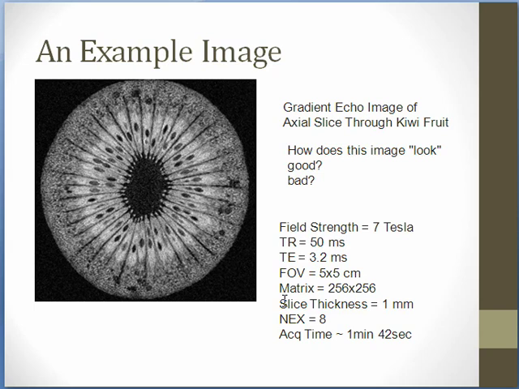The Z direction, although you can't see it because it's volume averaged into each pixel, is 1 millimeter thick. I guess you could say the matrix is 256 by 256 by 1. The other parameter is NEX, which is number of averages, which is 8. And the acquisition time was about 2 minutes.